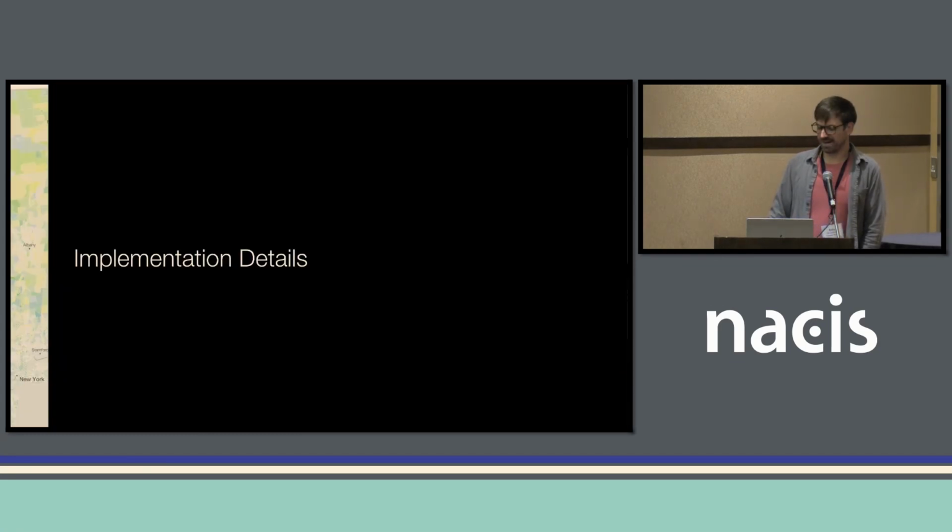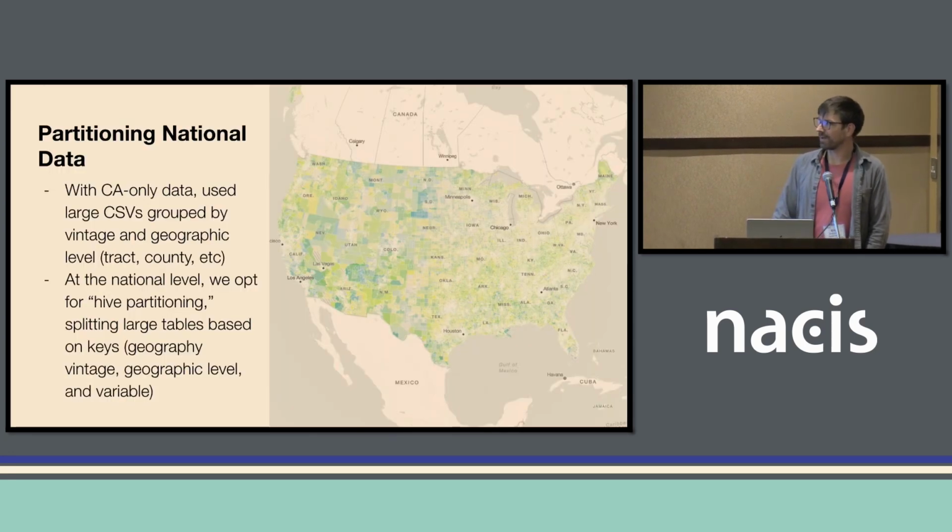Really briefly, I wanted to mention some of the implementation details here. For the California-only Health Atlas, we were dealing with one big CSV with all the census tracts and all the variables. That was not tenable for the national level, as you might imagine.